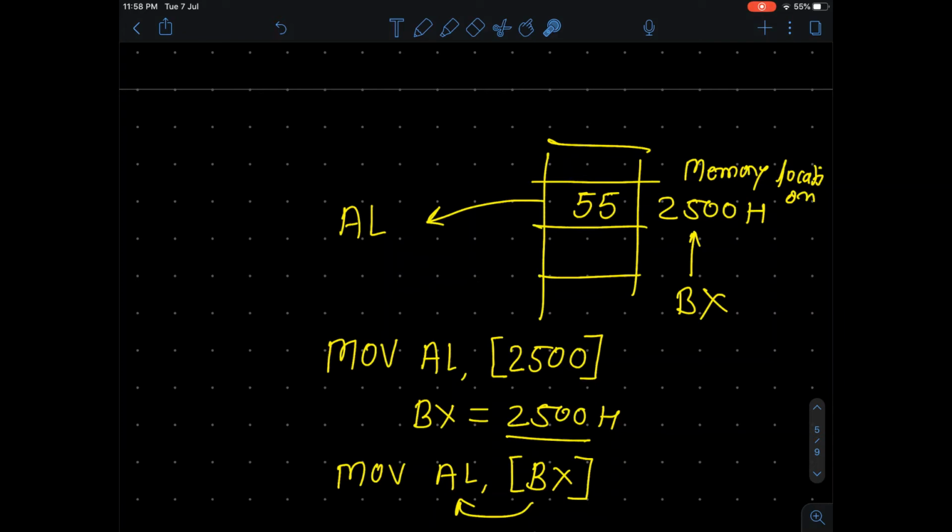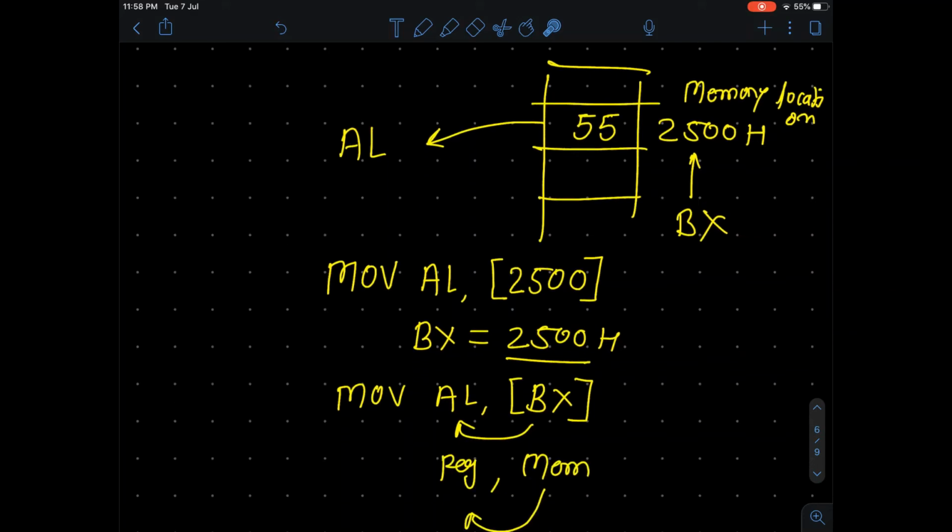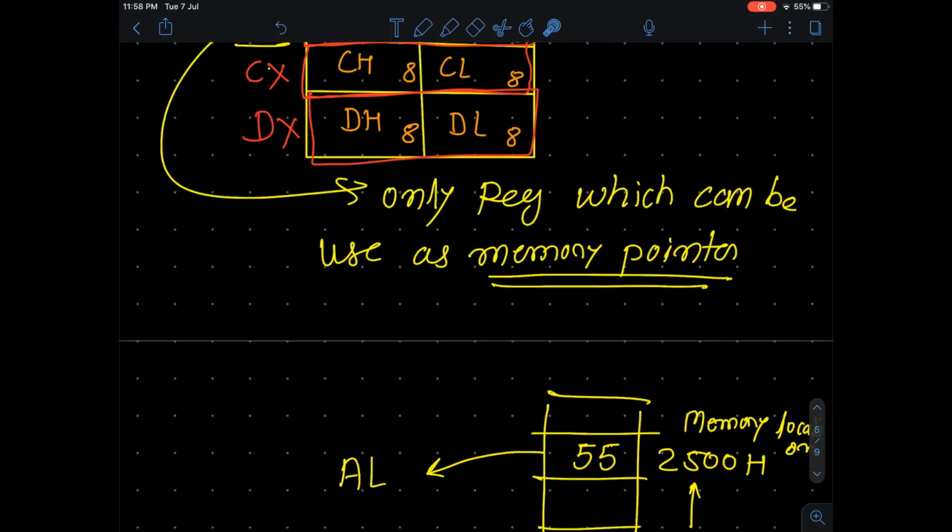The same operation can be written by getting this address in the BX register and writing MOV AL, [BX]. Then the BX register is used to hold the address of memory. So this is the special purpose of the BX register.